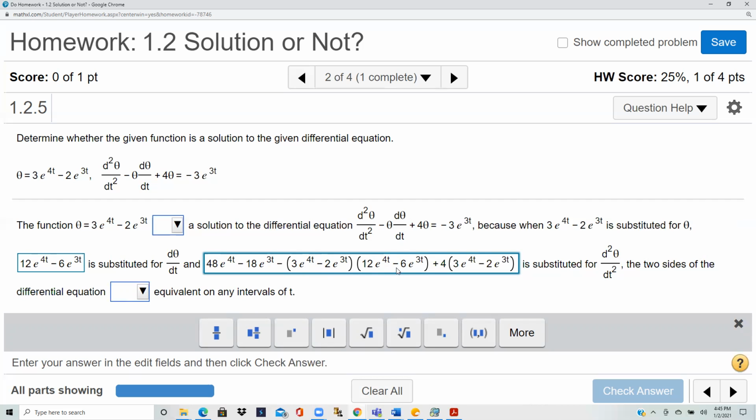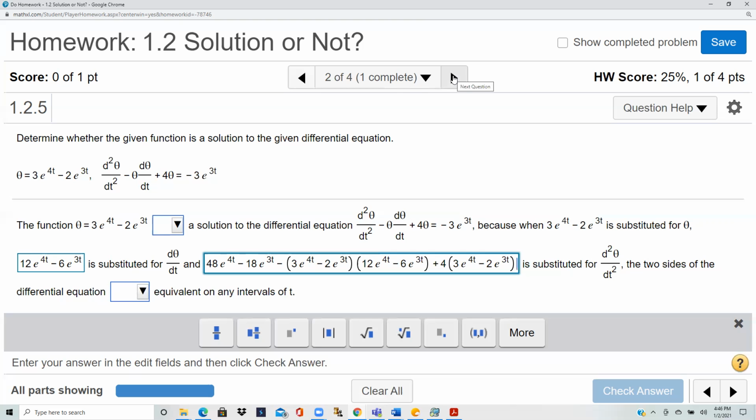And then here, 3 times negative 6 is negative 18, and e to the 4t times e to the 3t will be e to the 7t. So you'll have negative 18e^7t, and similarly here and here. So you'll get 4 terms out of this, and then don't forget to distribute the negative on those 4 terms. And then you'll distribute the 4 over this, collect the like terms, and everything else should cancel out. If this is a solution, then you should be left with negative 3e^3t. And I will leave you to check that as I move on.